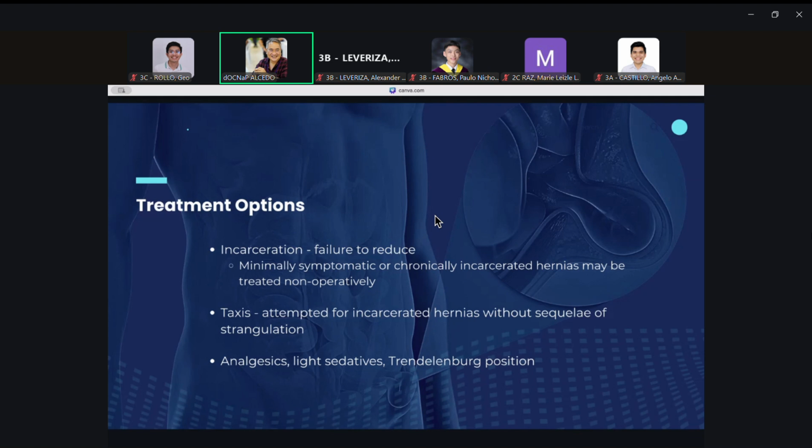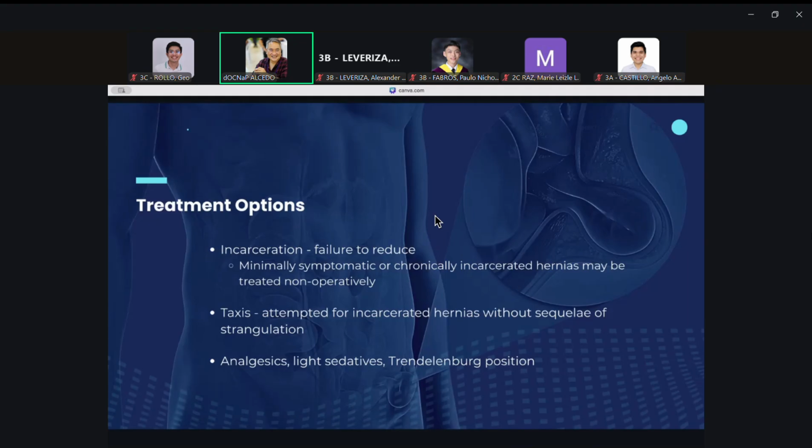But you have to inform the patient that you have not seen the status of the abdominal contents which reduced spontaneously. So there's a possibility that it can be ischemic and can possibly necrose. So there's a risk that you will do a second surgery. Either that or you resort to laparoscopic surgery.